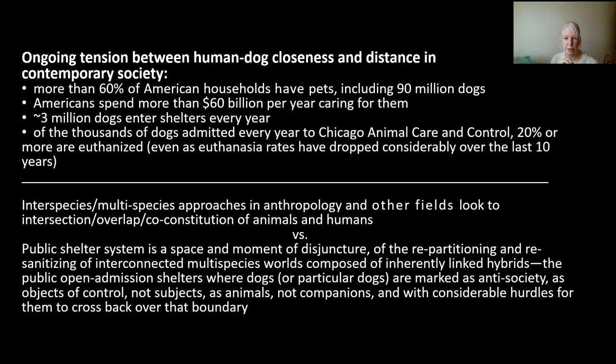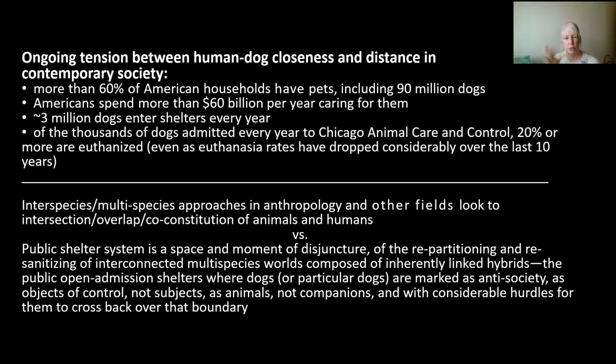So if the first set of issues is really about understanding the category between animal and dog to be complementary and even overlapping, I think our public shelter system is precisely about reasserting that divide, right? Partitioning those two categories and making a clear distinction between what it means to be one of those species and what it means to be the other species. So in those public shelters, animals, and especially dogs, there's a lot of cats in there too, and other animals, right?